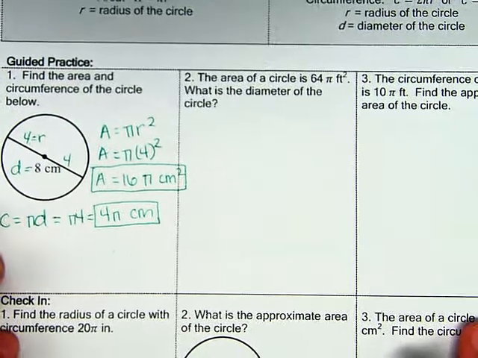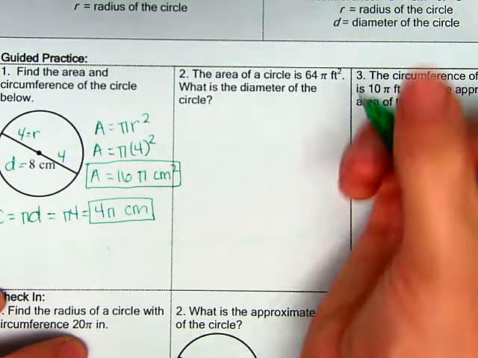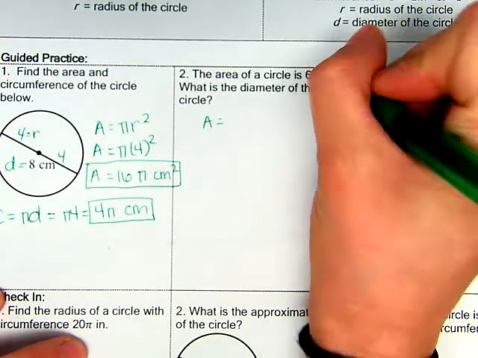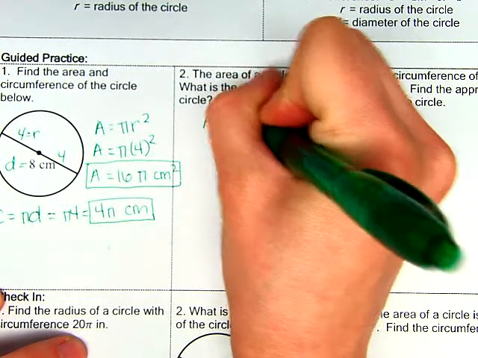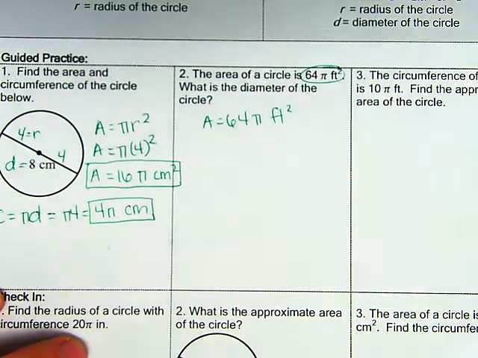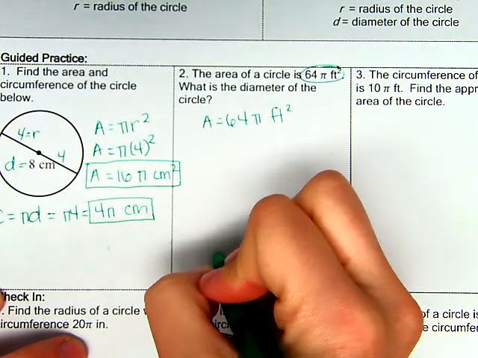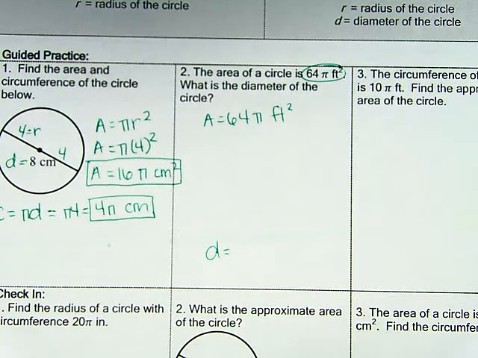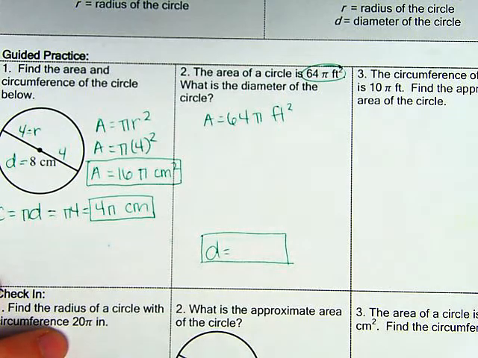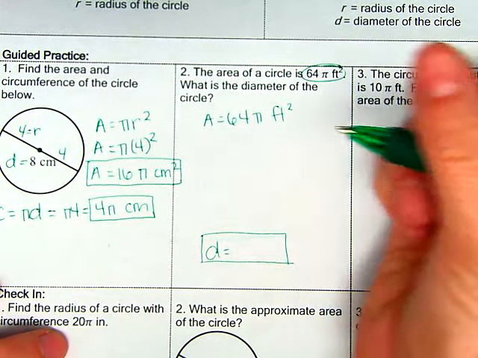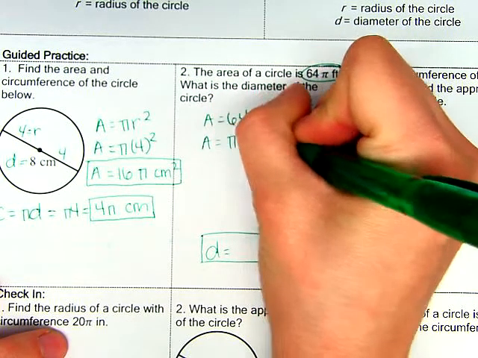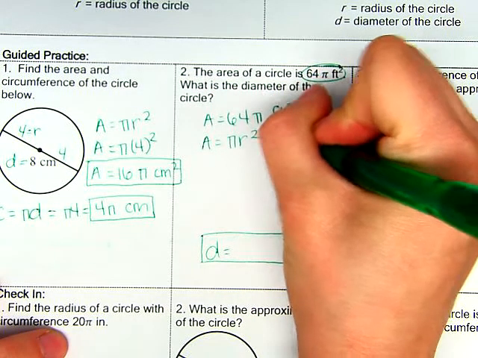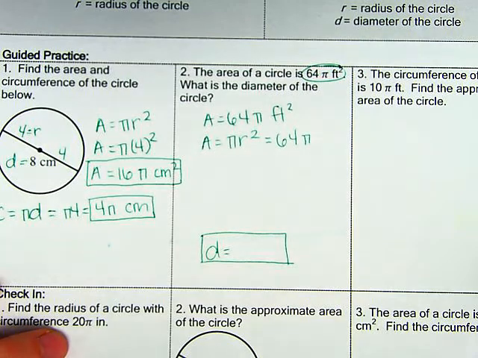Alright, so over here we have the area of a circle is 64 pi feet squared. Okay, so I'm going to circle that, and I'm going to label this down here. What is the diameter? So we're asked to solve for the diameter. So I'm not going to stop until I have my d. Let's set ourselves up for success. So area is equal to pi r squared. So I'm going to set that equal to 64 because they gave me my area.